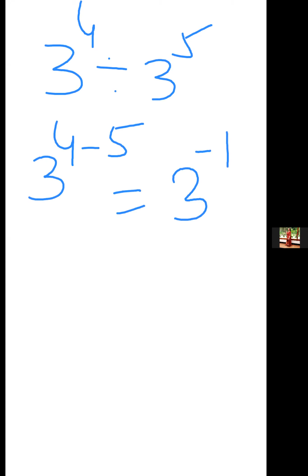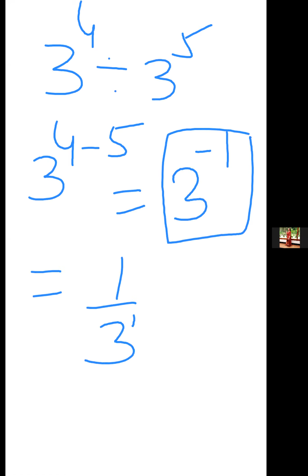Now my answer is in minus. Yes, Niharika, very good. So we have to make it positive: 1 upon 3 raised to power 1, or we can write 1 upon 3. ठीक है, negative becomes positive. All of you understood? Yes, ma'am.